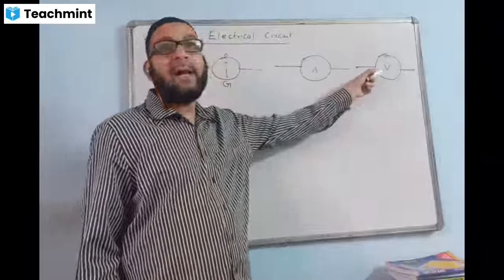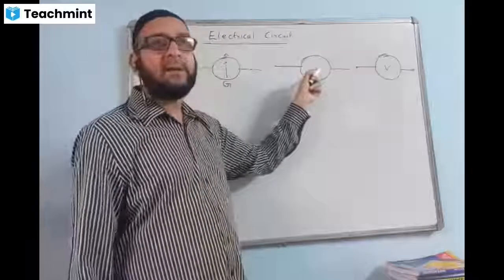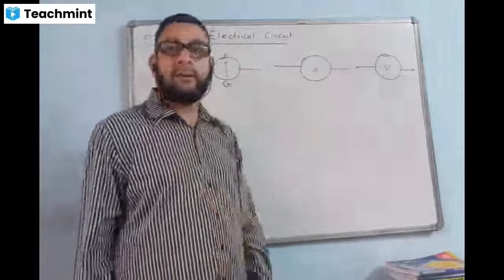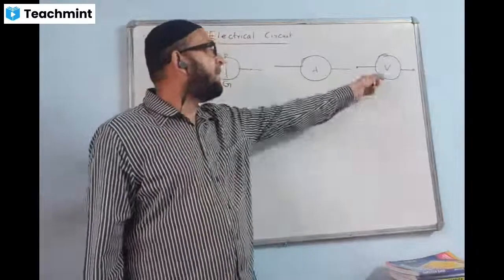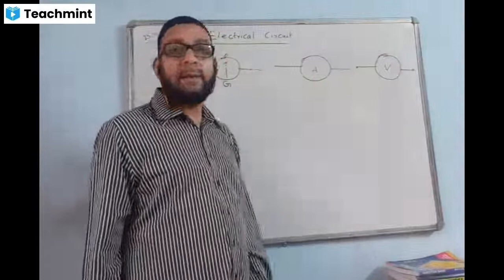Voltmeter is the high resistance device, ammeter is a very low resistance device, and galvanometer is just a low resistance device. Voltmeter is always to be connected in parallel, and these two are always connected in series.